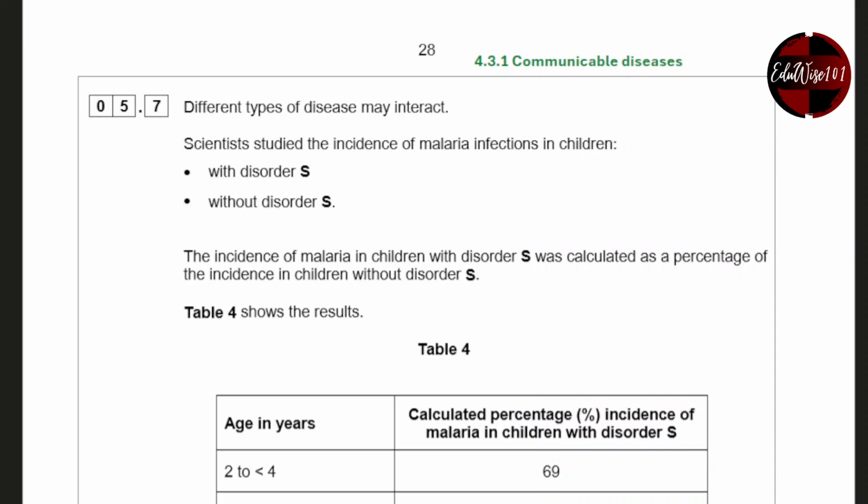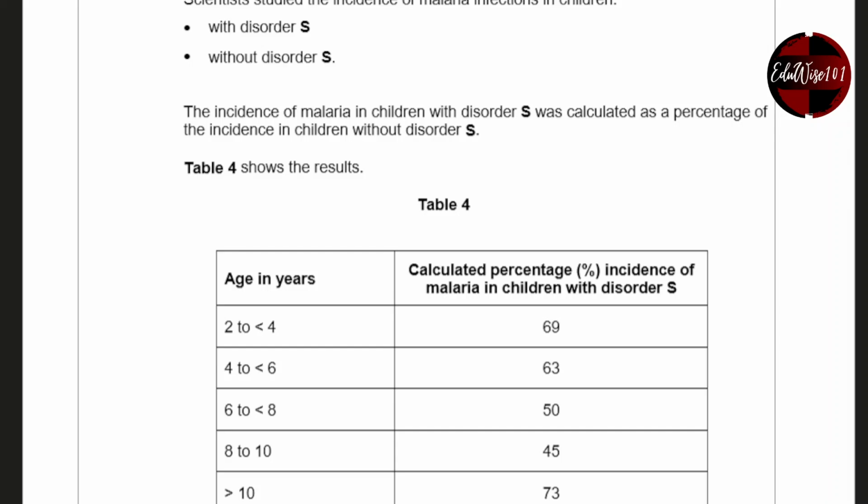Different types of diseases may interact. Scientists studied the incidence of malaria infection in children, those with disorder S and without disorder S. The incidence of malaria in children with disorder S was calculated as a percentage of the incidence in children without disorder S. So between the ages 2 to 4, it's 69% incidence of malaria with disorder S, compared to that without the disorder. 4 to 6 is 63, 6 to 8 is 50, 8 to 10 is 45.